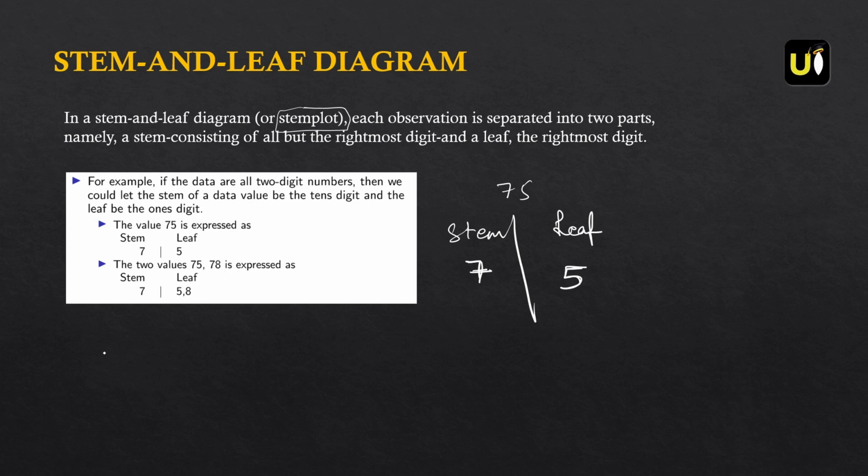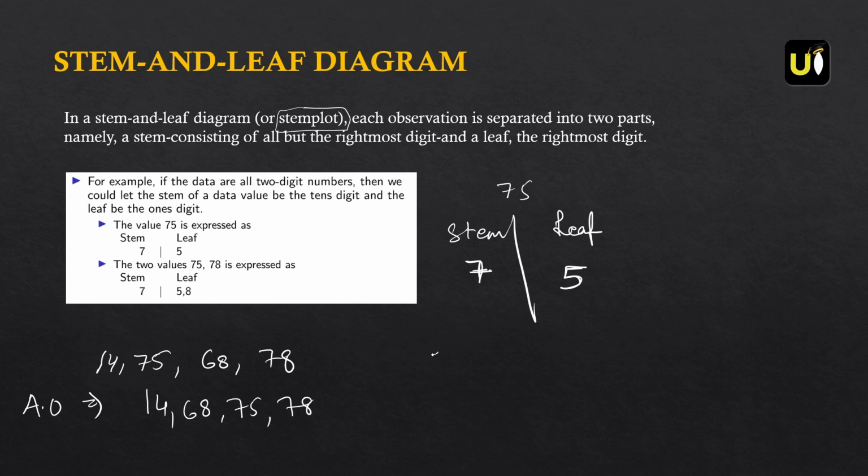All right, so suppose we have 14, 75, 68, and 78. So the first step is to put them in ascending order, that is 14, 68, 75, and 78. Then make a table, that is stem and leaf.